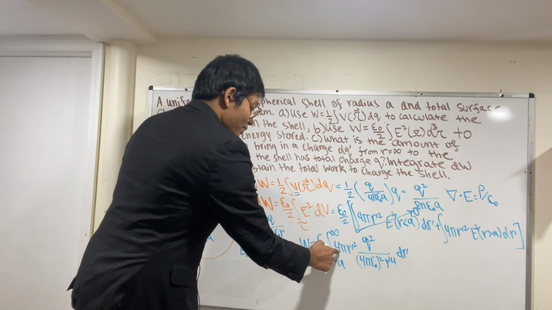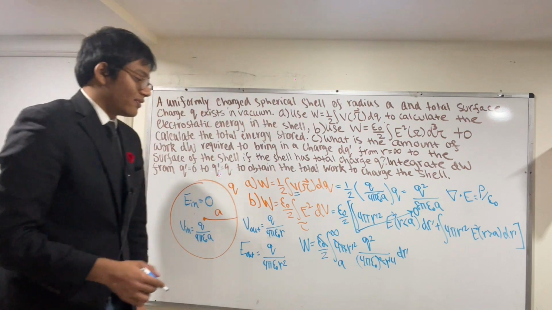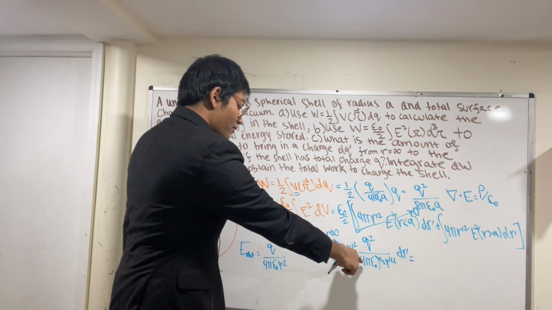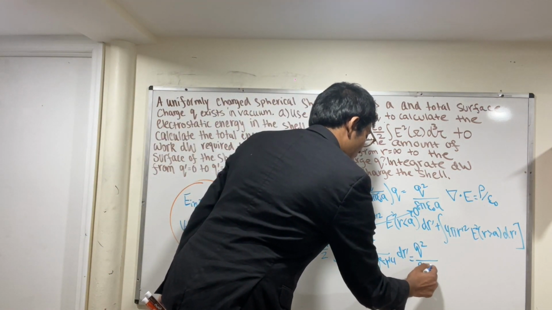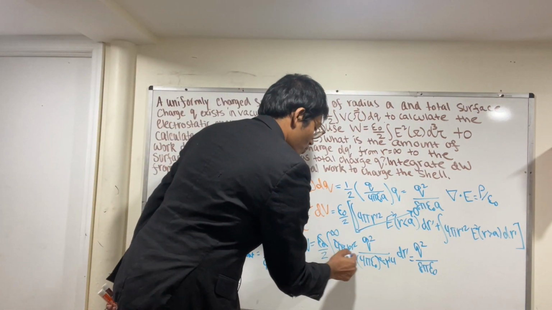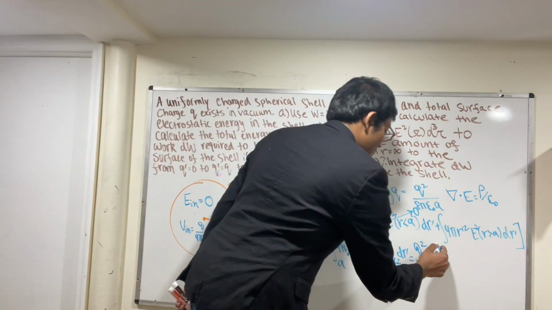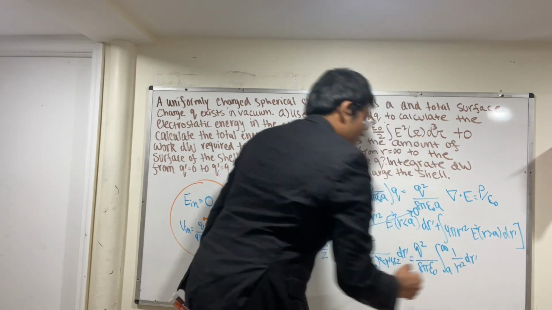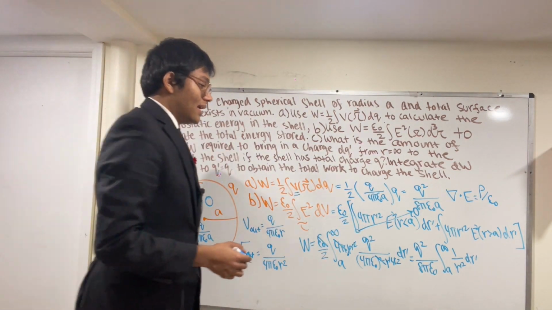So here you notice that I have a 4 pi epsilon naught here and a 4 pi epsilon naught here, canceling out that factor of 2. Let's bring all the constants outside, so that we have q squared over 4 pi epsilon naught times 2, which is q squared over 8 pi epsilon naught. And now we're going to integrate. R prime squared over r prime to the 4th just leaves r prime squared in the denominator. So we're going to have the integral from a to infinity of 1 over r prime squared dr prime. Now, you may be used to seeing this integral, but let's go ahead and evaluate it.